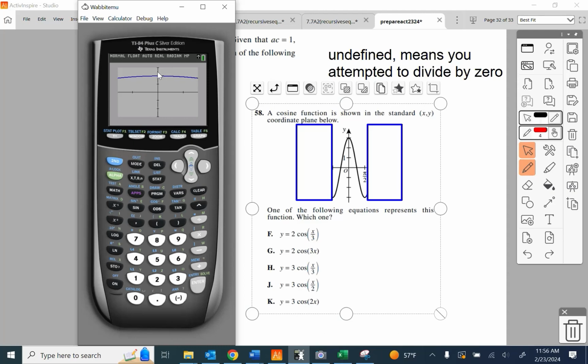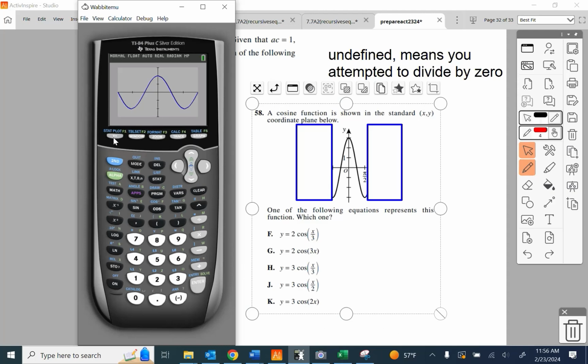By the way, you notice it only hit 2? The next one's only going to hit 2. They've introduced a 3x here, which is going to be a little closer. Still not going to be the right answer, because it's only going to peak at 2. It's going to fall to 2. And I'm seeing too much stuff drawn.